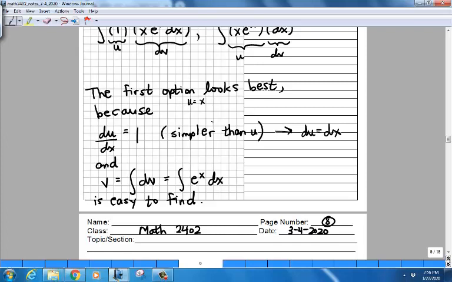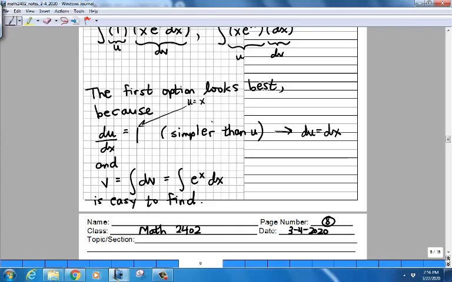Oh, that's great, okay? Because 1 is certainly simpler than x, so when you differentiate u, you get a simpler expression than u originally was. And that's what you're looking for, or at least that's what the guidelines say you're looking for.